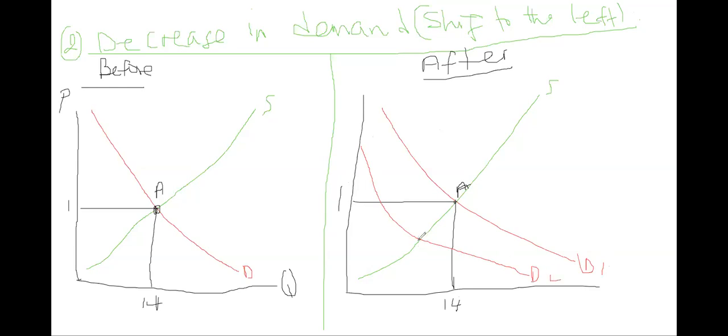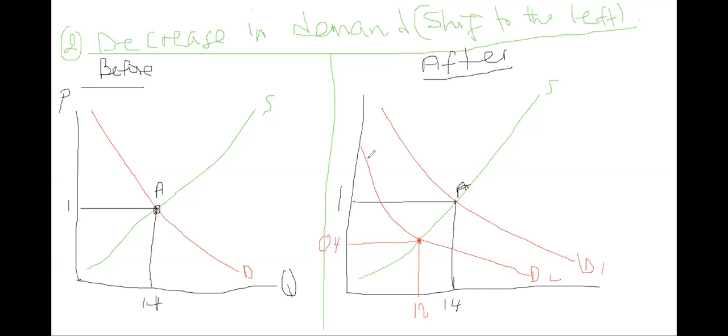Where the new demand curve meets the old supply curve, we have this. You will see that this could be 12 and the price could be 0.4.